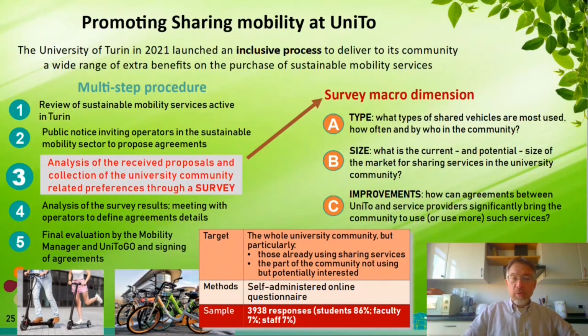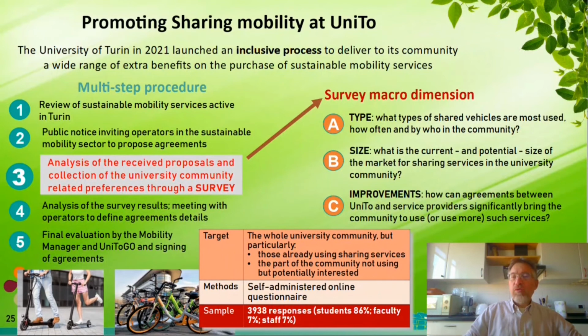And third, the most important here, we launched a survey on the community about what interest there was for the sharing mobility option, what kind of incentives could be more interesting to the community, what kind of problems did they face using sharing mobility. After that, we analyzed, of course, the results. We communicated such results to the manager of the services, and finally, they put forward the final proposals for incentives.